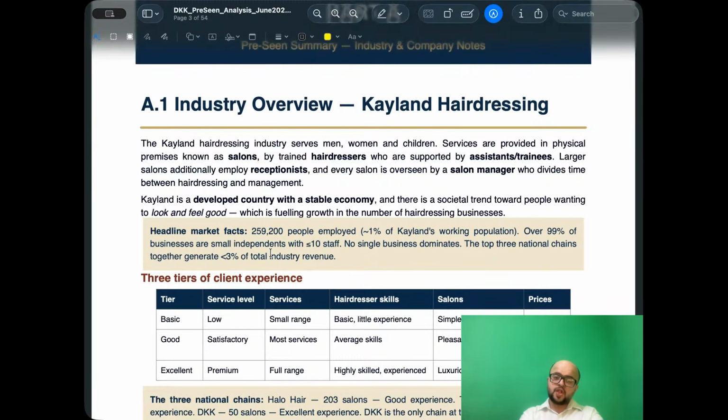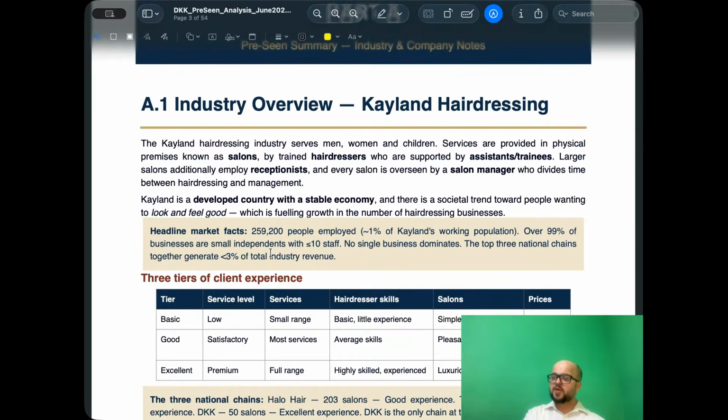Larger salons additionally employ receptionists, and every salon is overseen by a salon manager who divides time between hairdressing and management. So he cuts hair a bit too, as you can see. He does some hairdressing work also, and he is responsible for the overall salon management. Kaland is a developed country with a stable economy, and there is a trend towards people wanting to look and feel good.